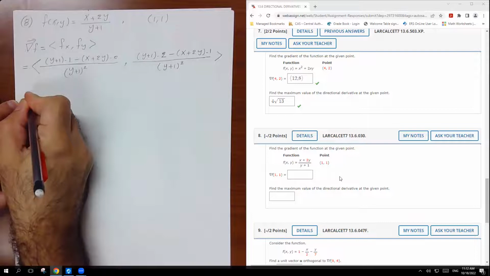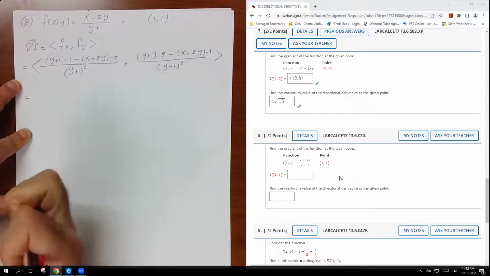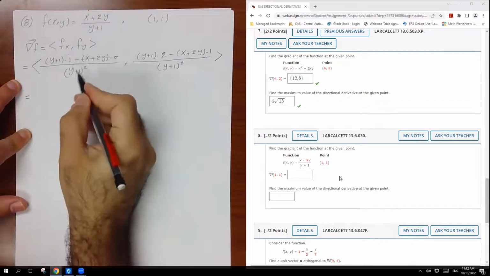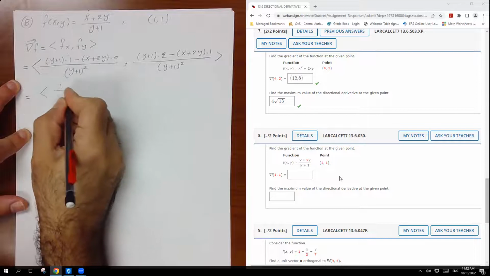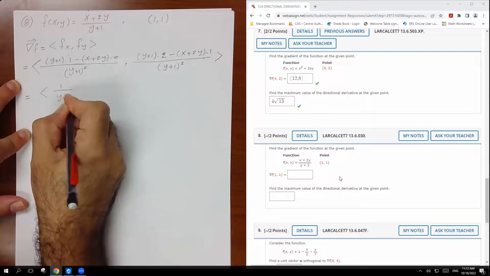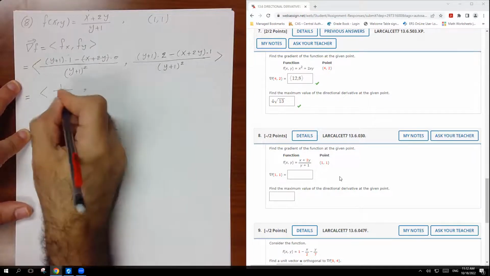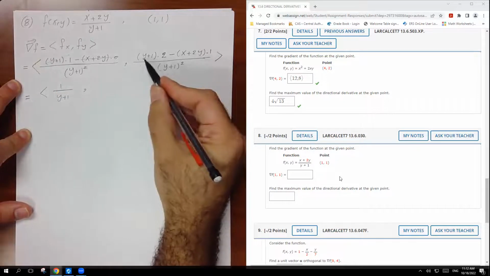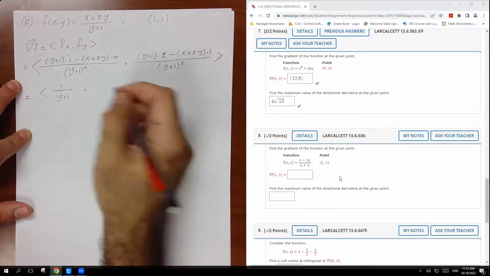So now let's keep going. Simplify this one. The whole thing here is 0. Cancel this one with 1. So it's going to be 1 over y plus 1 on this side. Here we have to distribute here and then distribute here and combine the like terms.